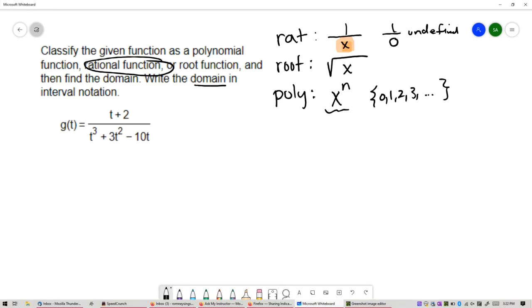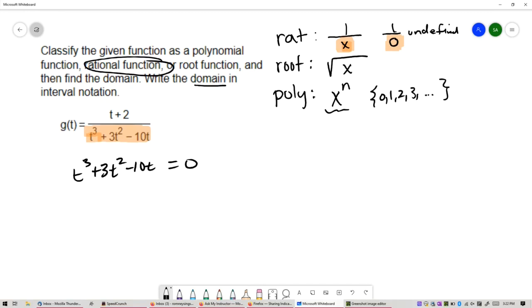So we have variables in the denominator, so we need to figure out what the values of the variable will be to cause a 0 in the denominator. So we're going to take that denominator, t cubed plus 3t squared minus 10t, and we're going to set it equal to 0 to figure out what those restrictions are.